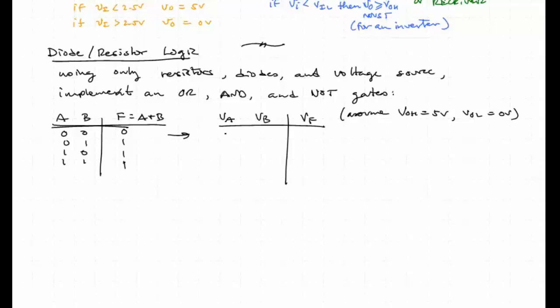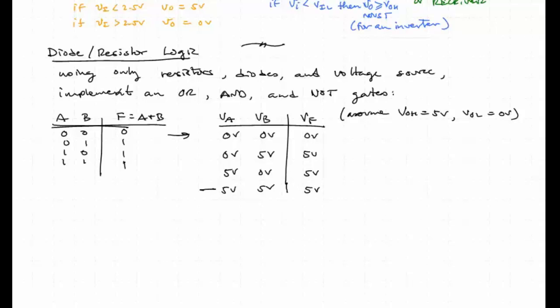Then we would have 0 volts and 0 volts give us 0 volts. 0 volts and 5 volts would give us 5 volts, and so forth. 5 volts and 5 volts would give us 5 volts.